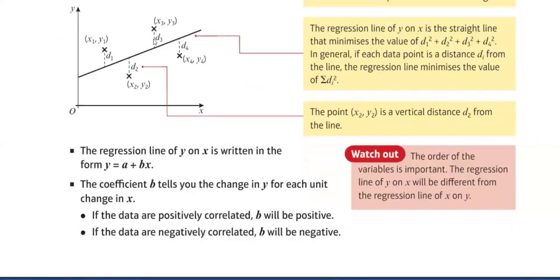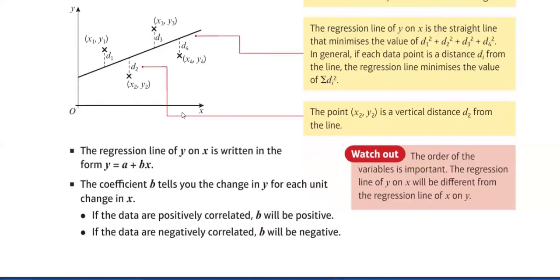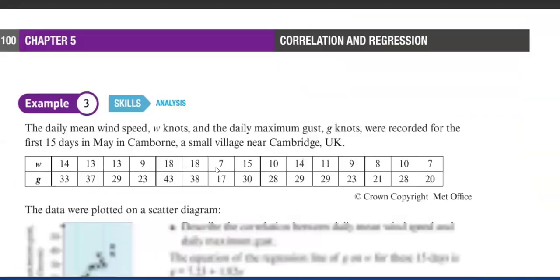If you have some points like this, we have to find the best fit line that we call linear regression. For that, we assume the line is y equals a plus bx. b is the gradient. If data are positively correlated, b will be positive. If data are negatively correlated, b will be negative. Okay.